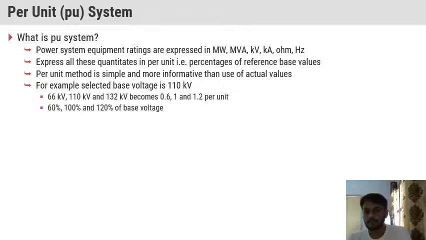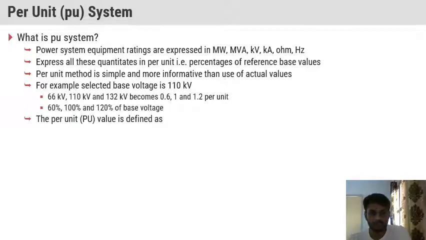Now if we want to convert 110 kV into per unit, and similarly take 110 kV as the base value, then we get 1 per unit. So simply we divide the actual values by the base values, and if you want to convert to a percentage, then simply multiply the per unit values by 100.